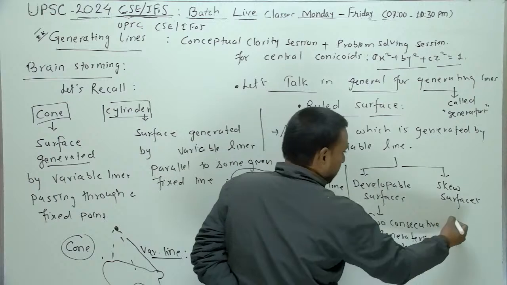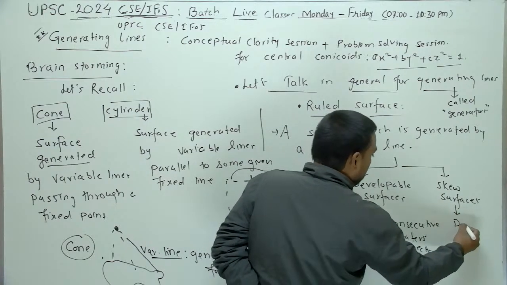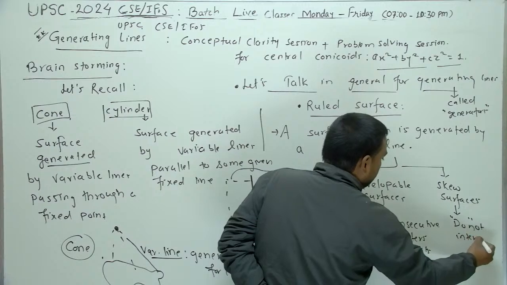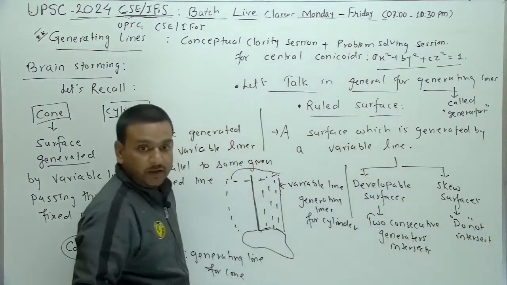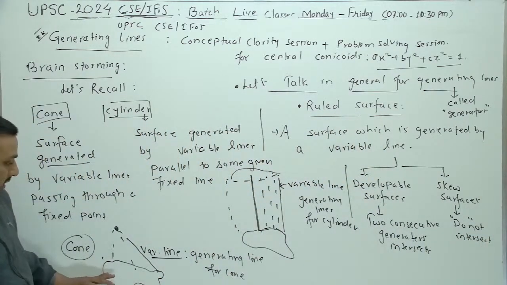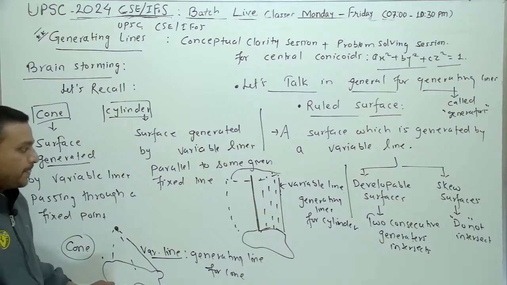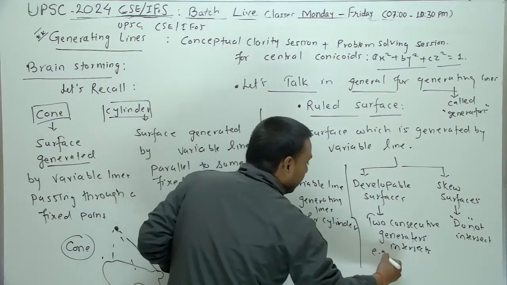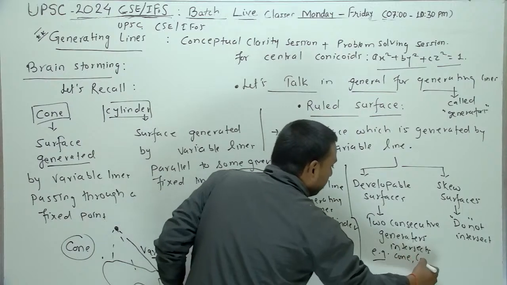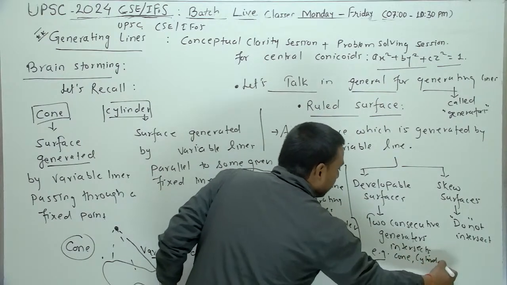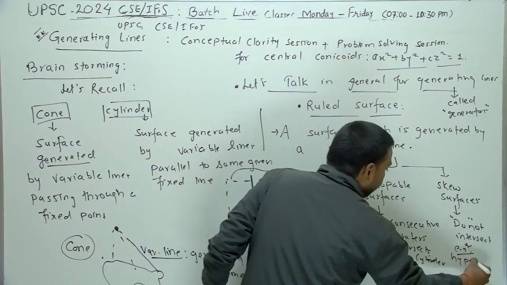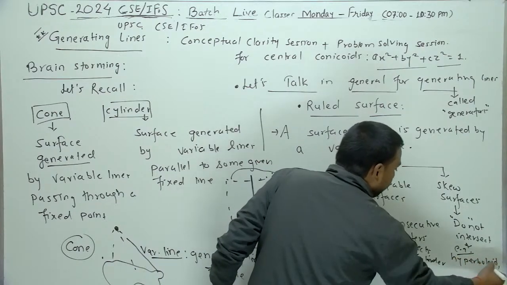Okay, dear fellows, here in a skew surface two consecutive generators do not intersect. I don't know if it is visible here or not. If not, please ask. So the thing is, dear fellows, for example, here we have cone, cylinder, and here we have, for example, hyperboloid, paraboloid, etc.